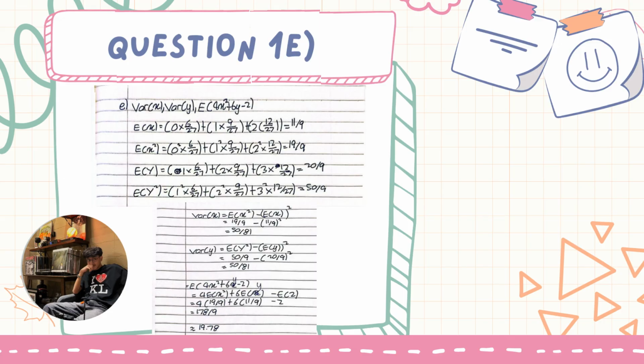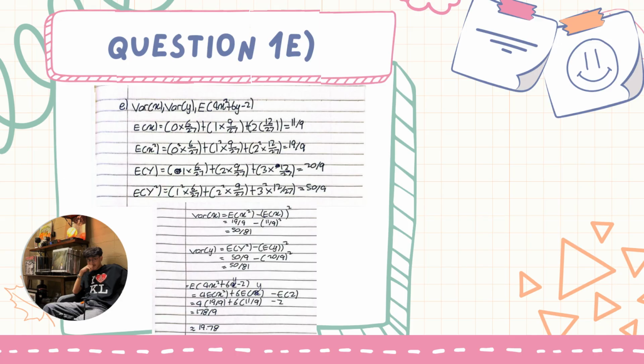We follow the exact same procedure for Y using its marginal probability. We find that E(Y) is 20 over 9 and E(Y squared) is 50 over 9. By applying the variance formula again, we find that the variance of Y is also 50 over 81. Having this value ready is essential for the final part of the question.